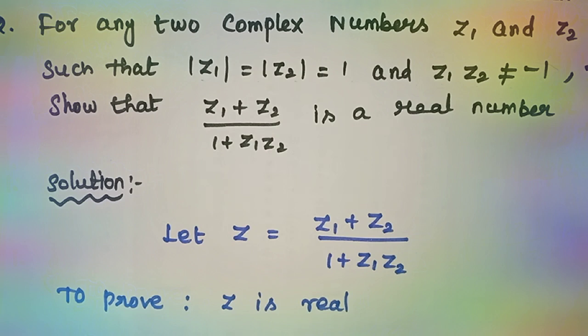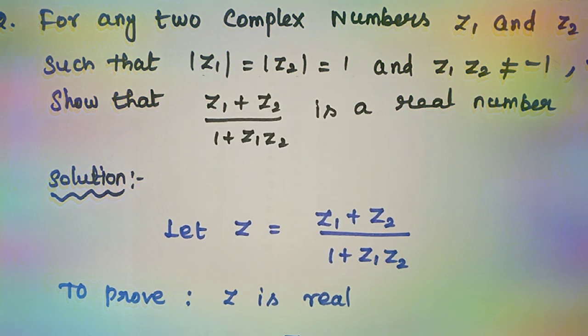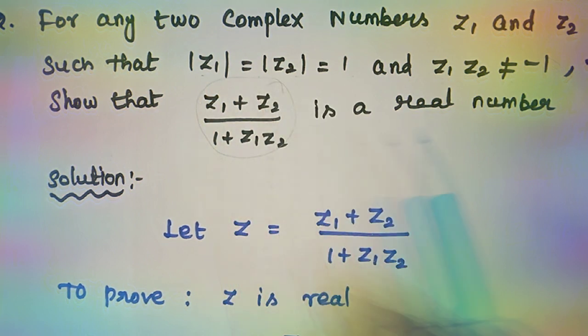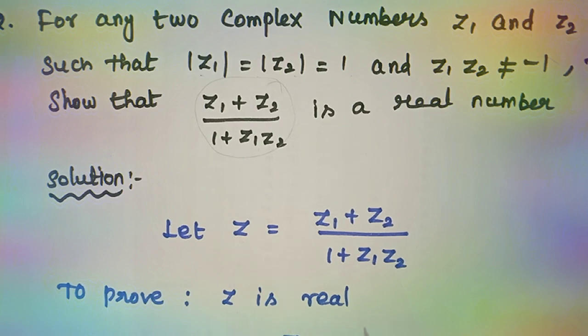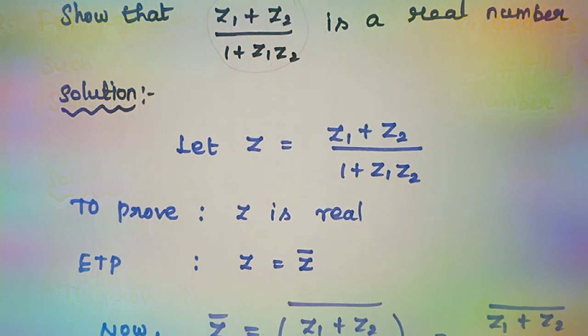Okay, what do we have to prove? This one is a real number. Let us take z equal to this value. So we have to prove z is real. Z is real means it is enough to prove that z equals z bar. Z equals z bar means automatically we can prove z is real.